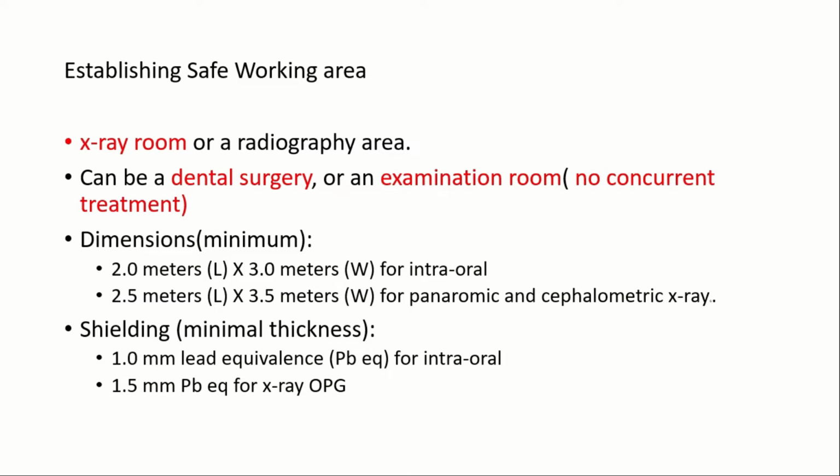But usually to be safe, we just make sure your room is at least 2.5 by 3.5 meters. It's okay because maybe when you have just opened your clinic, you can only afford to provide intraoral X-ray, but in future, definitely you will upgrade your clinic to provide a better service.